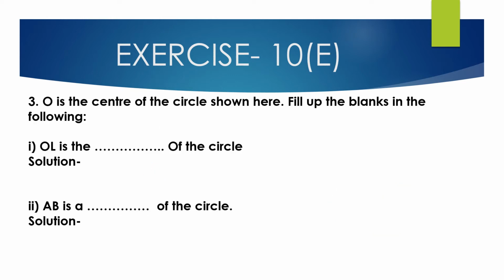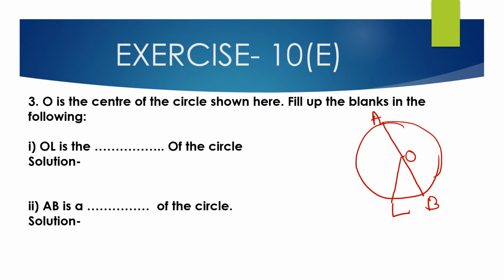Now we will solve question number 3. O is the center of the circle shown here. Fill up the blanks in the following. First draw the figure. This is the figure given. This is the diameter AB, center O. This is OL, and this one is CD.